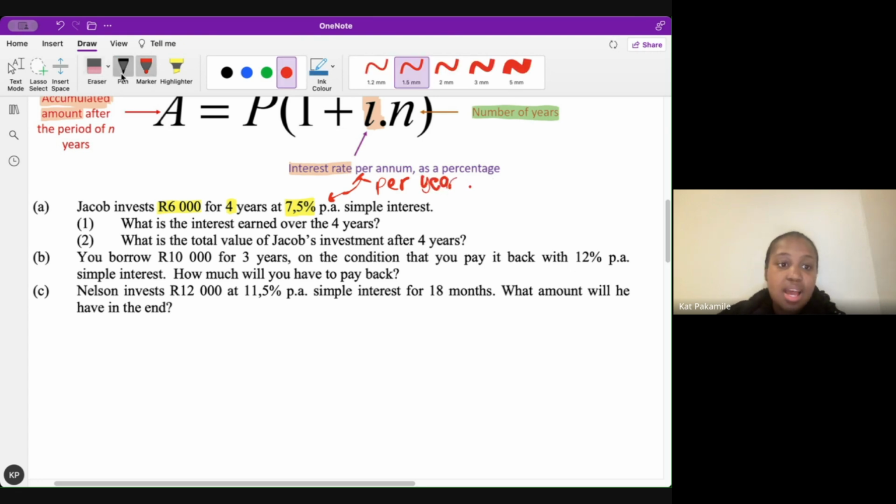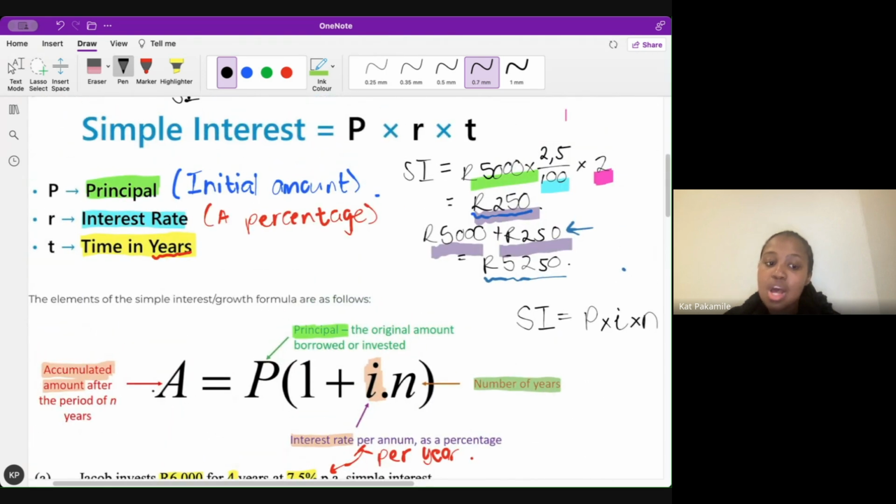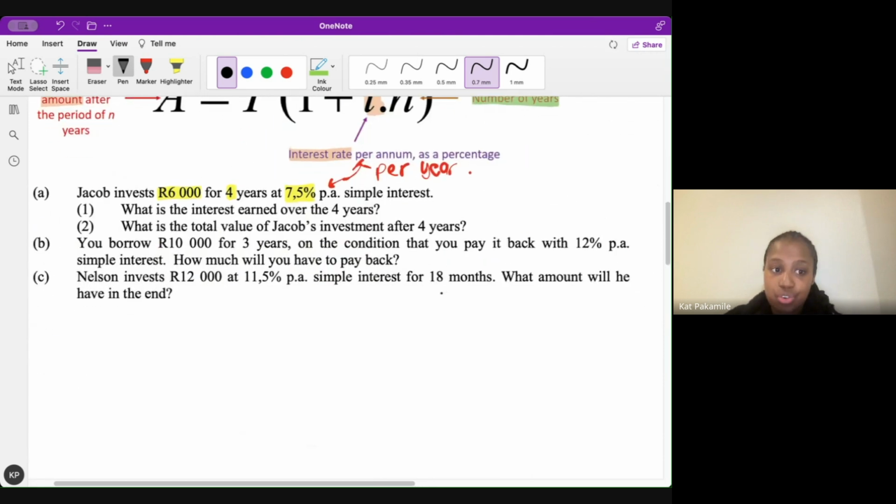All right. So this is what Jacob is going to earn. Number one says, what interest is earned over the 4 years? Are we going to use the SI formula or the A formula for number one? It says, what interest is earned? Nice, Mavis. We're going to use SI because they didn't ask us for the accumulated amount. They just want to know the interest.